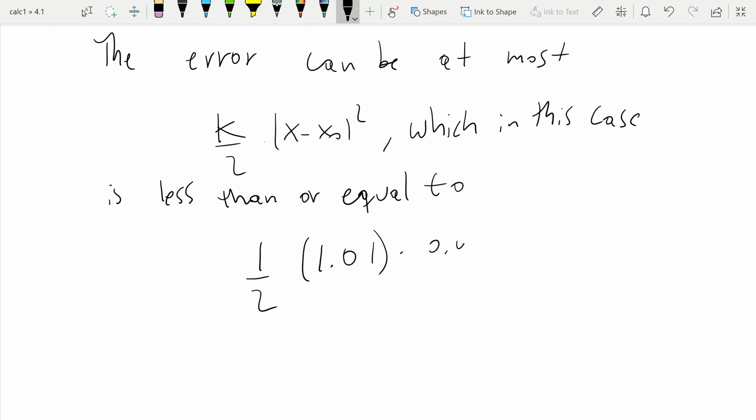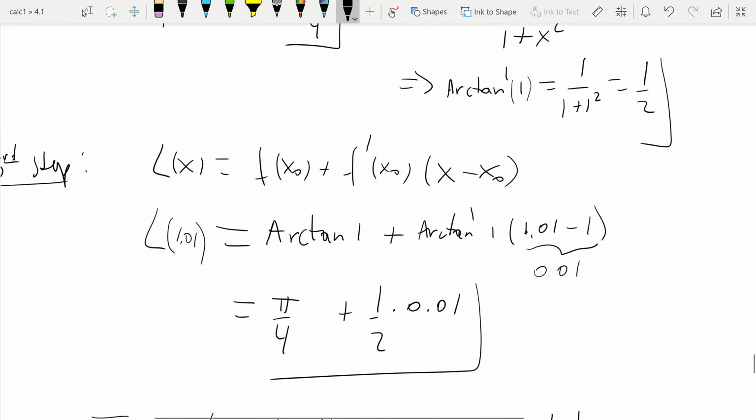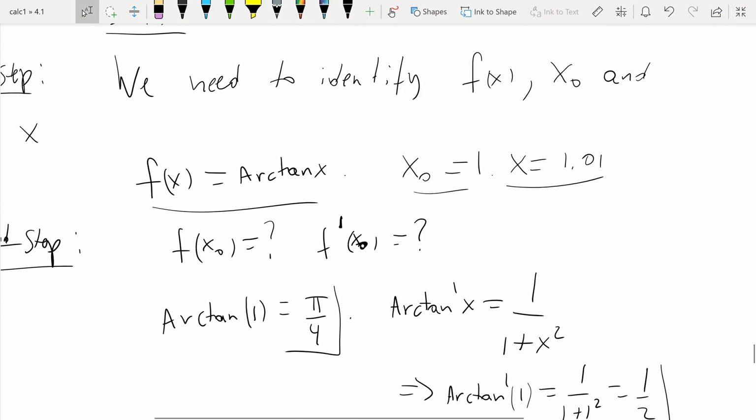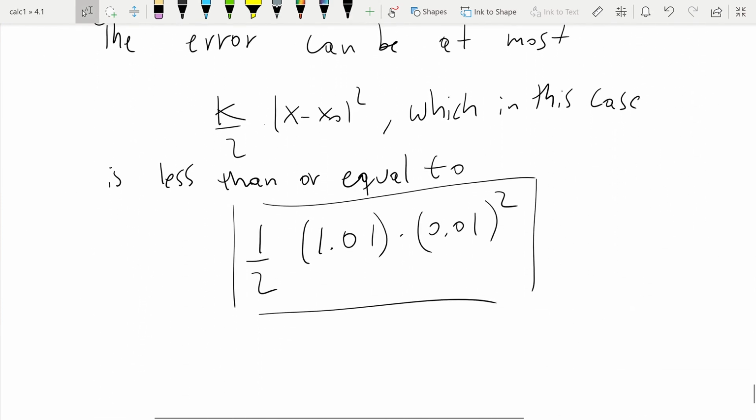It's 0.01 squared, since 1.01 minus 1 is 0.01. So this is x minus x naught, which you're supposed to square, and you have the bound for k, and this is the formula that bounds the error.